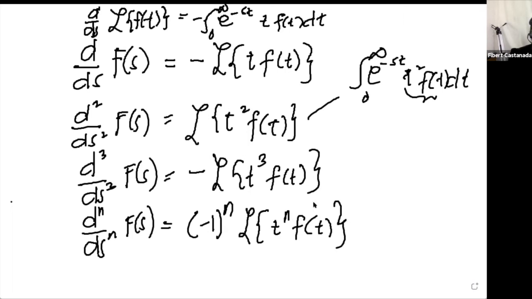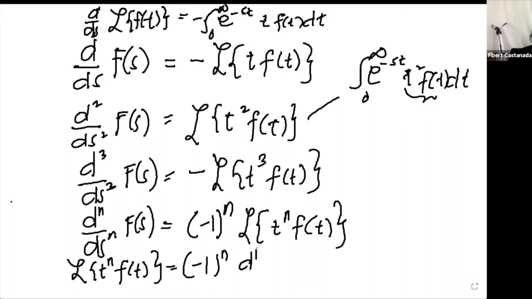Okay, now, since we are after finding the Laplace transform of a function with t inside the operator, we rewrite, dividing both sides by negative 1 raised to n. Or simply, negative 1 raised to n is equal to 1 over negative 1 raised to n. So the Laplace of t raised to n times f of t is equal to negative 1 raised to n, nth derivative, okay, this is how you write, of F of s.